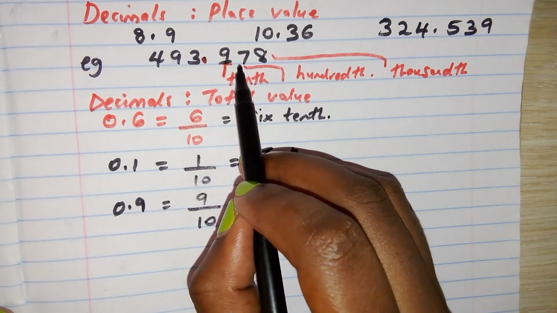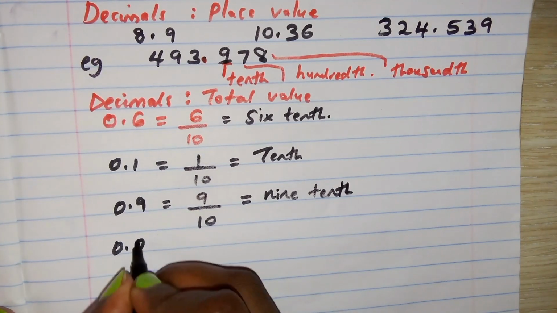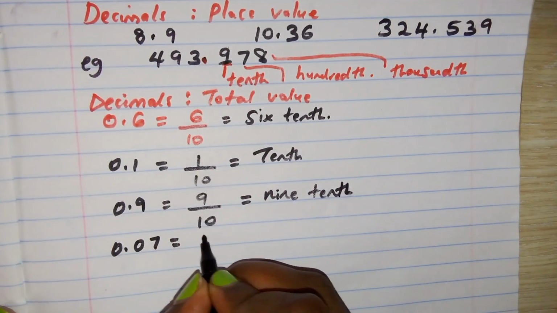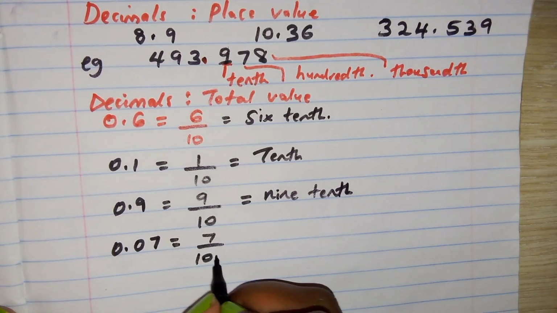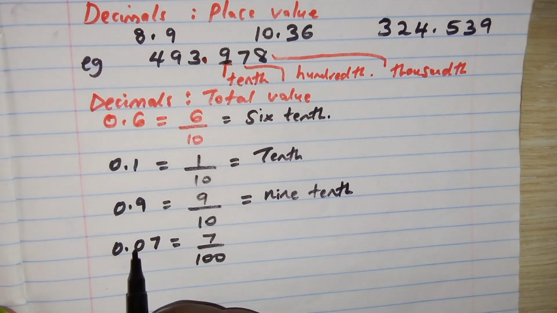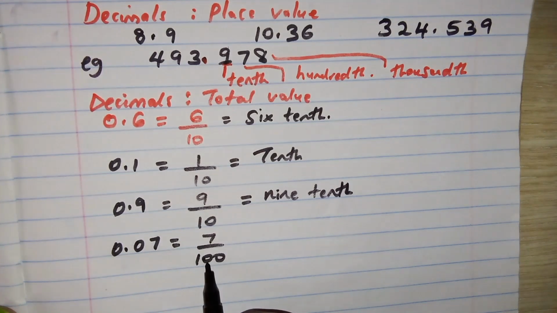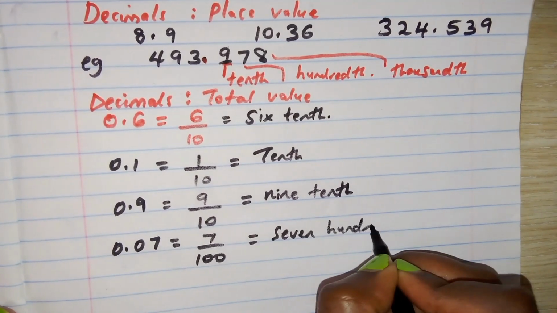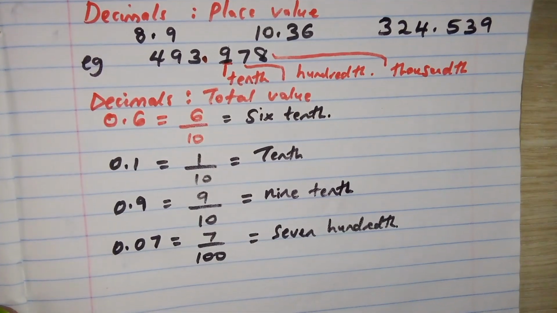The total value of 7 is 0.07, so you just change the other digits to 0, and that will be 7 over 100. Why is it 100? Because you have two numbers after the decimal point, so two zeros. That will be 7 hundredths.